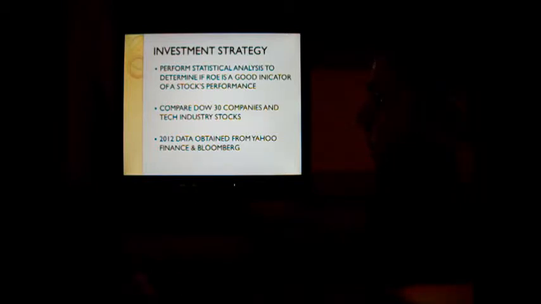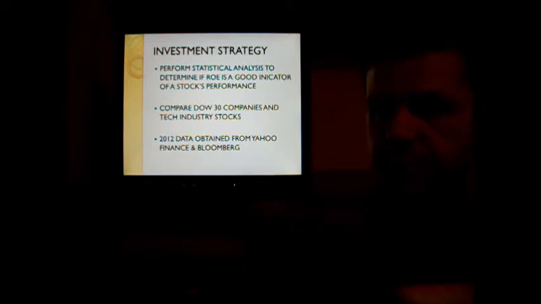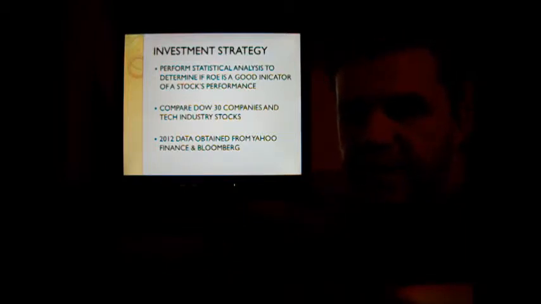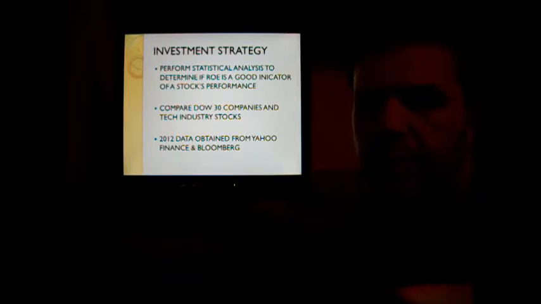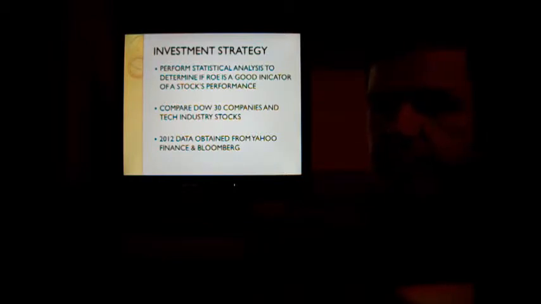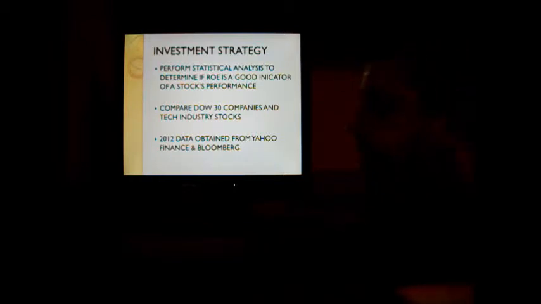We're going to compare the Dow 30 companies, and we're also going to do an industry-specific analysis on technology stocks. We're going to look at 10 tech companies and compare the results with that of the Dow 30 and see if there's any kind of relationship. For this project, I'm using 2012 data obtained from both Yahoo Finance and Bloomberg.